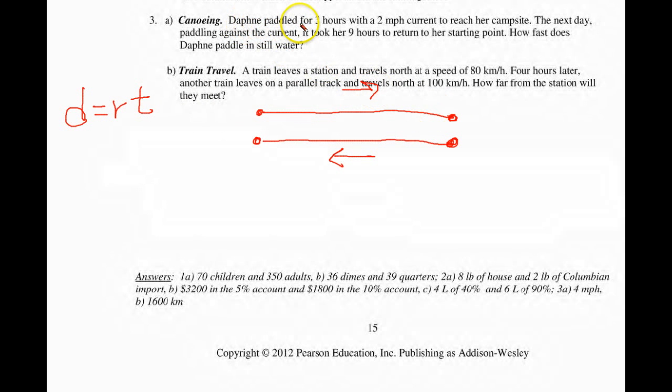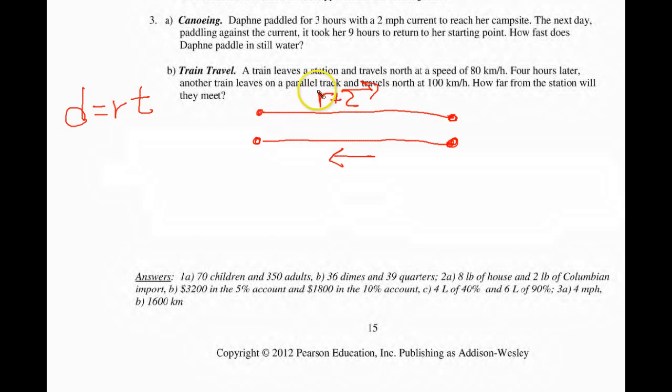Well, here Daphne can paddle for 3 hours with a 2-mile-per-hour current to reach her campsite. So what will her rate be? Well, we don't know her rate. Her rate is going to be R. But we know that the current is carrying her along at 2 miles per hour, just without paddling.